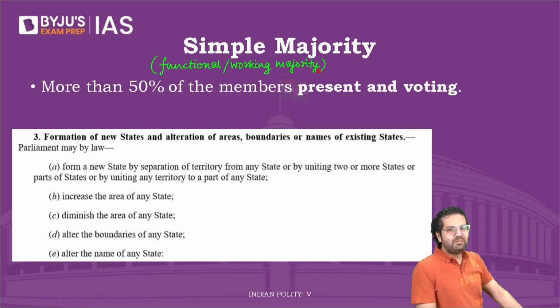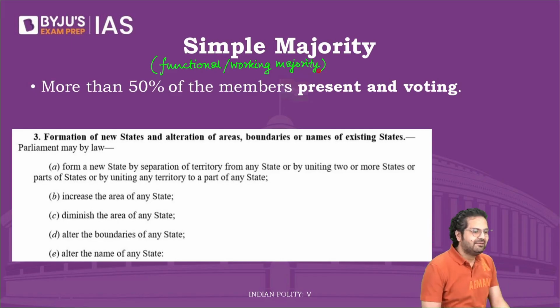If 44 MPs have come in the Lok Sabha, quorum has not been met. If there is no quorum, sitting is cancelled. Suspension of the sitting. Yes or no? No problem. Cheap tricks to trap the innocent aspirants. Anyway.